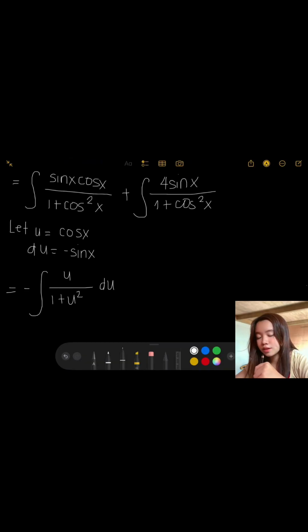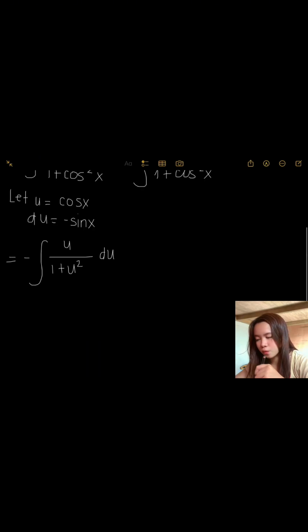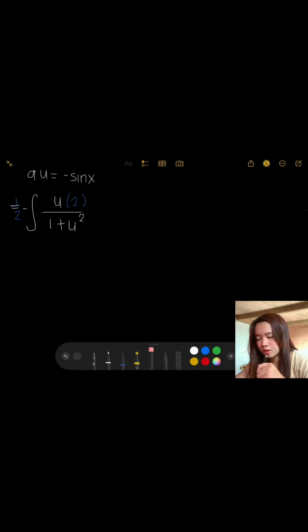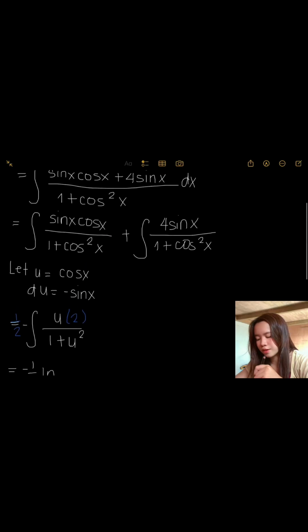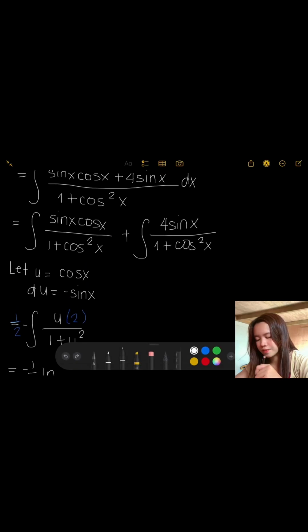The derivative of 1 plus u squared is 2u. So we will just multiply 2 on our numerator and negative 1/2 for it to be legal. So this will become negative 1/2 ln of cosine x.